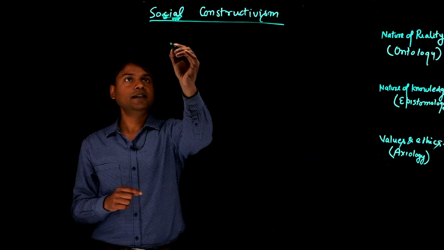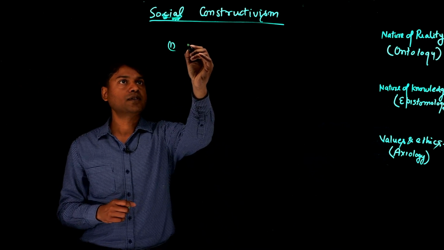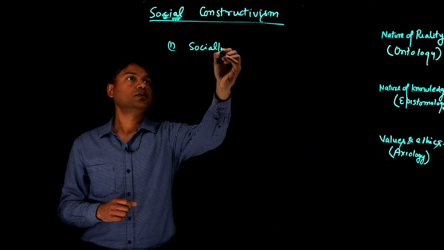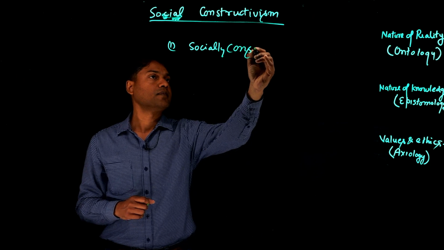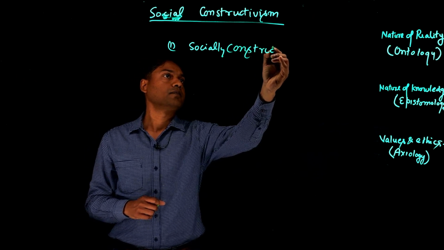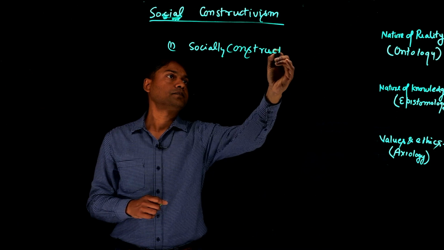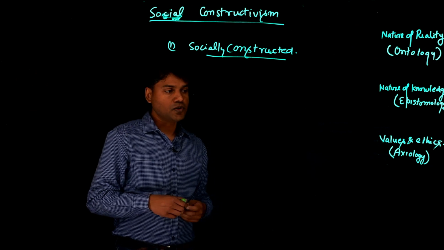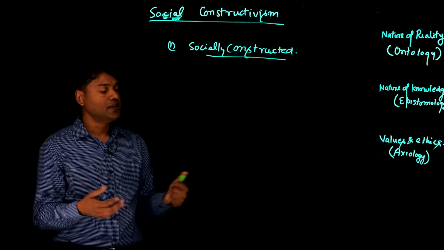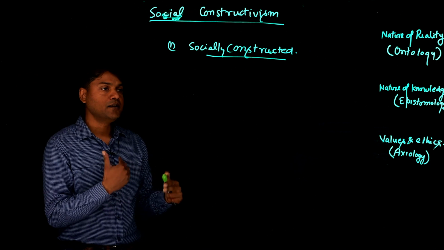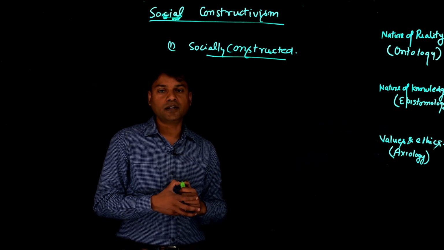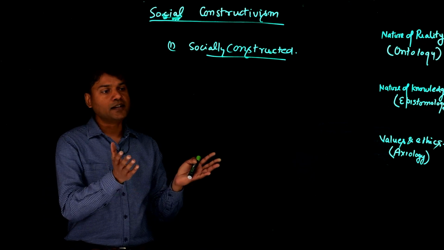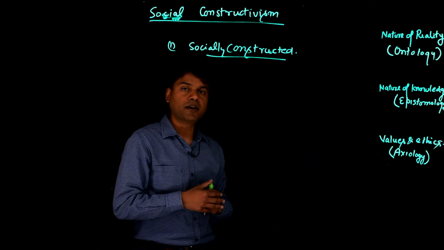That's a key assumption in social constructivism. As humans, we talk to people around us, we interact with people in our environment, and in that process of interaction, we generate knowledge and we understand our reality. So we create a reality based on our interaction with the people around us.